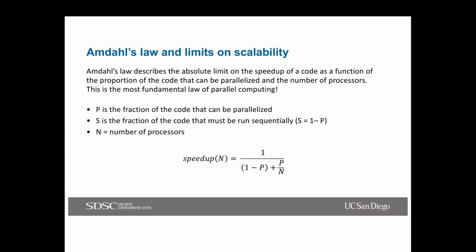And this is Amdahl's law, which basically states that the speed up that you'll see by providing more processors, the number n here, to come back to the language, n is the number of CPU cores, if we're talking about a CPU only system, that you would assign to the application.